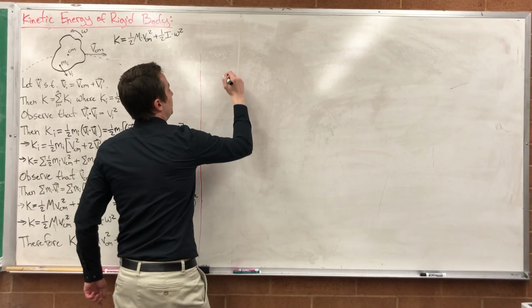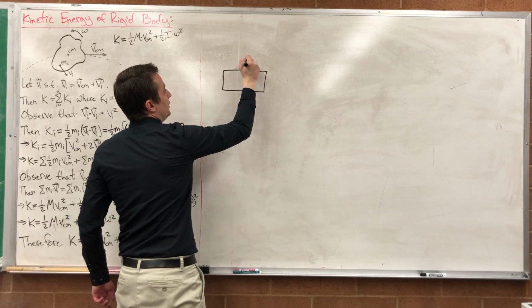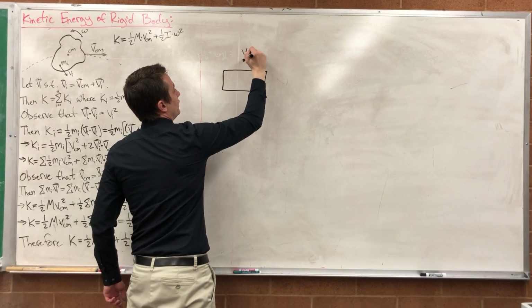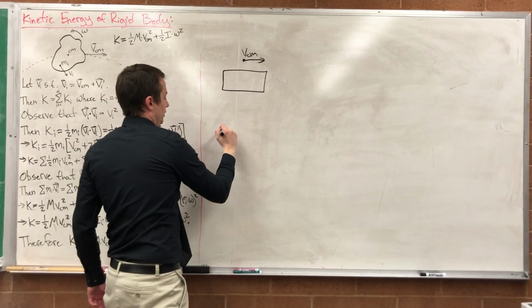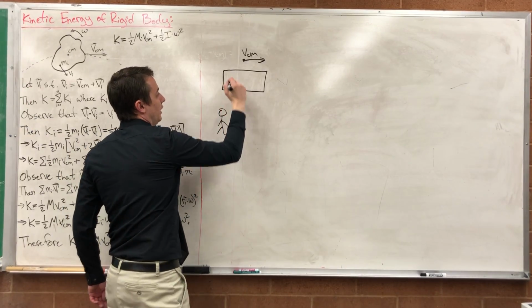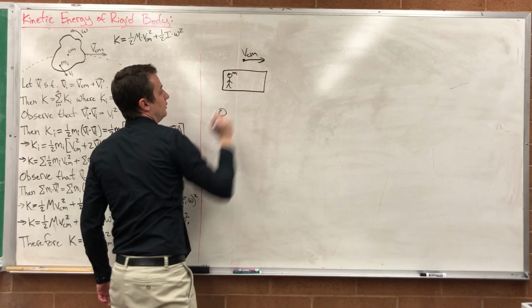I'll give you a really simple example of this really quick. Say that we're on a train, and the train is traveling this way with the velocity of the center of mass of the train. Here you are, and you're watching me. I'm little m sub i. Here I am.